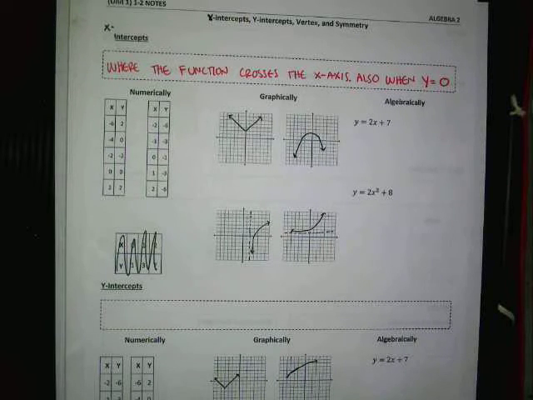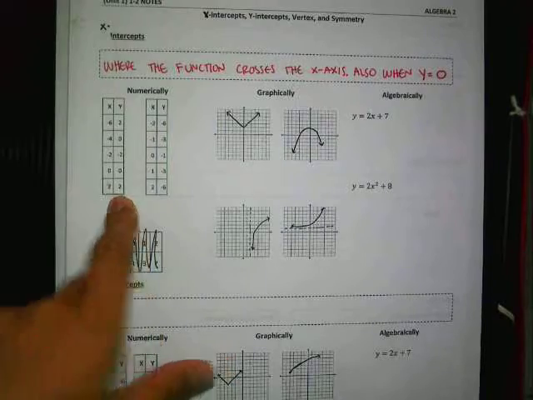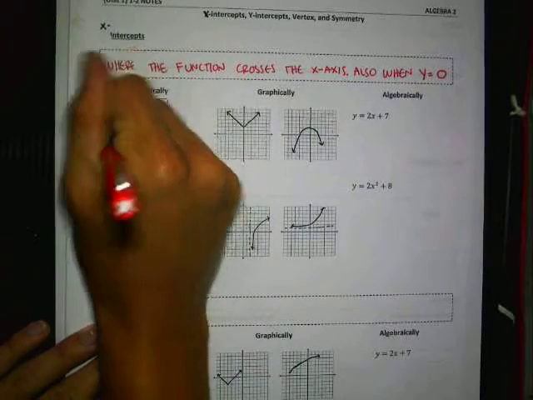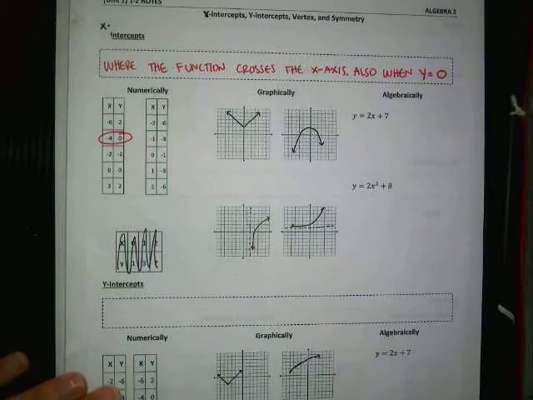Okay, when we're looking at a table and we're looking for the x-intercepts, remember we're looking for when y is 0. So looking at this first table, I see that y is 0 right here. Isabella, where is the other x-intercept in this table?